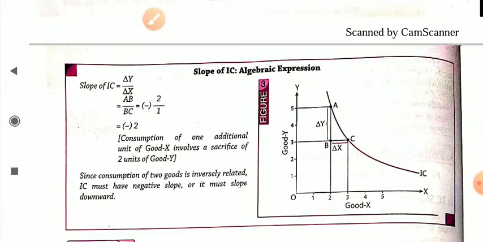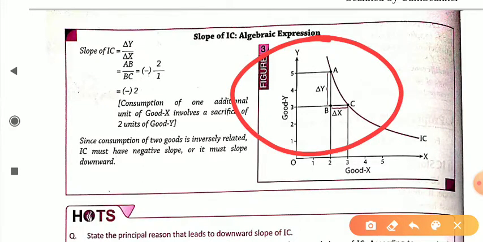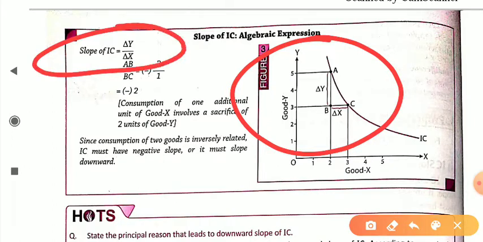Okay, student, now in this part you can see the slope of the indifference curve. The slope of the indifference curve is represented by delta y divided by delta x. Delta y represents the sacrifice of good y, and delta x represents the gain of good x.